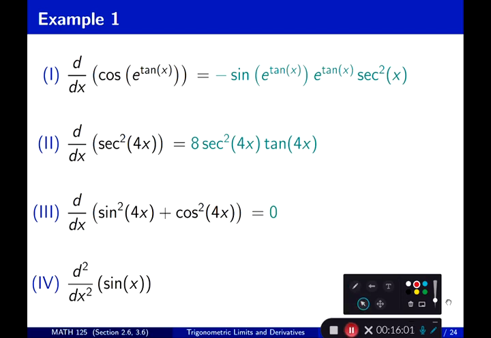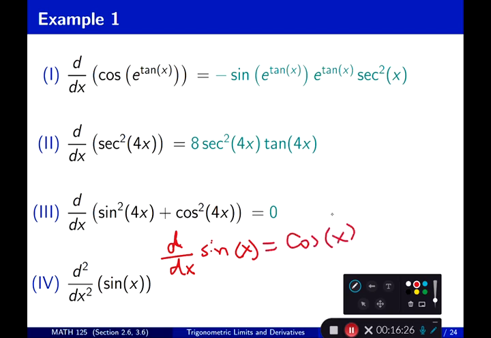Last but not least, example 1, part 4. How do we take the second derivative of sine of x? So the first derivative of sine of x is equal to cosine of x.